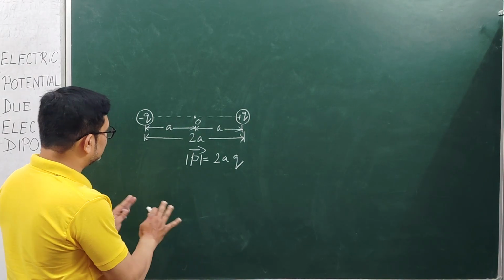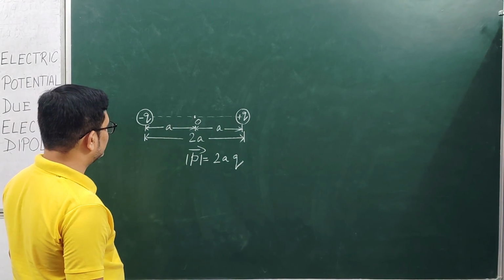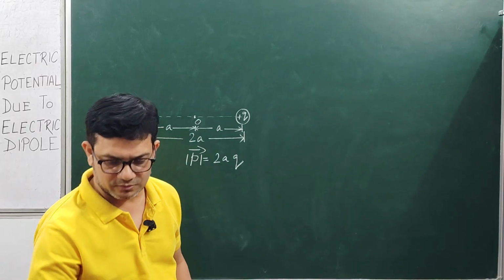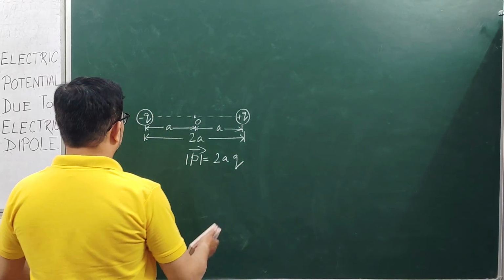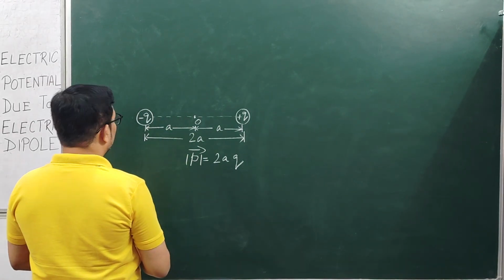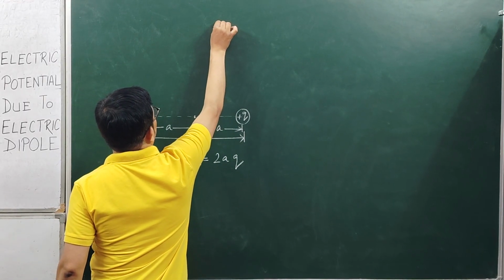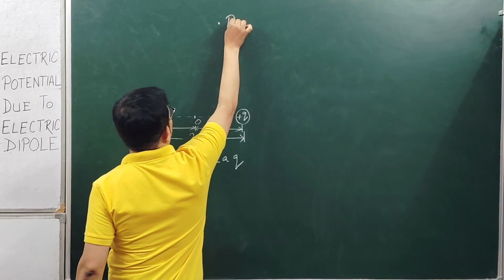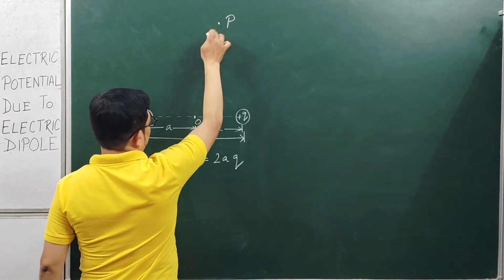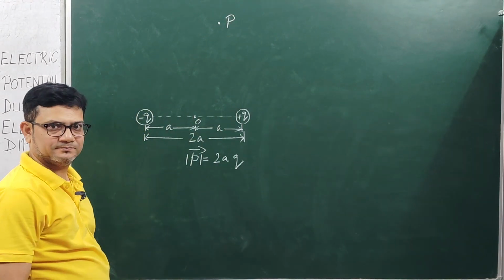Now, having this in picture, we are going to modify our diagram, and we'll figure out, suppose this is any arbitrary point P, a point of interest. At P we want to find the potential.